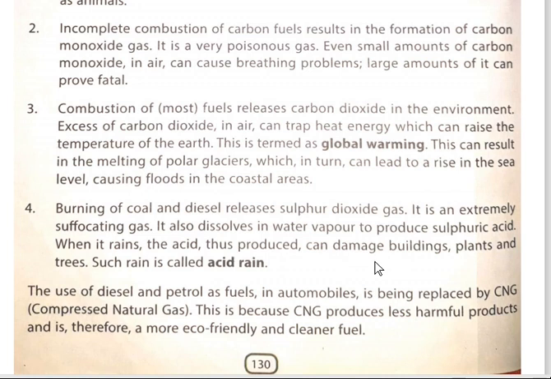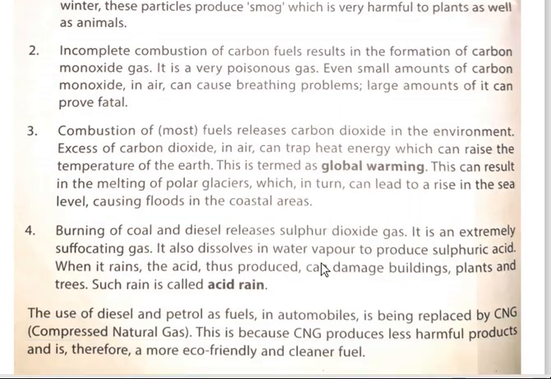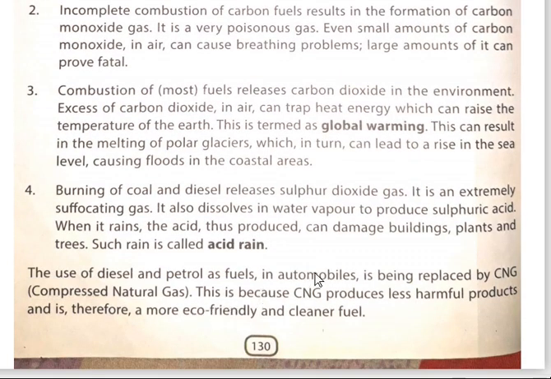Okay, if we use fuels like CNG or LPG in place of diesel and petrol, these will be less harmful. Rather, we say they are eco-friendly fuels and cleaner fuels.